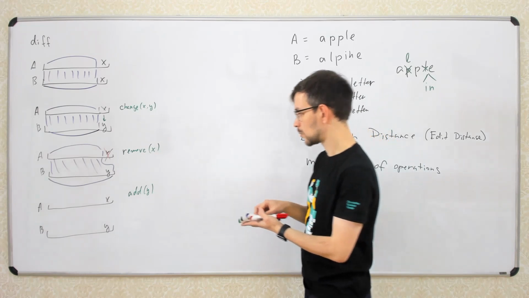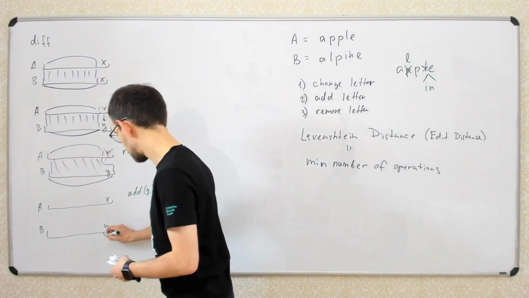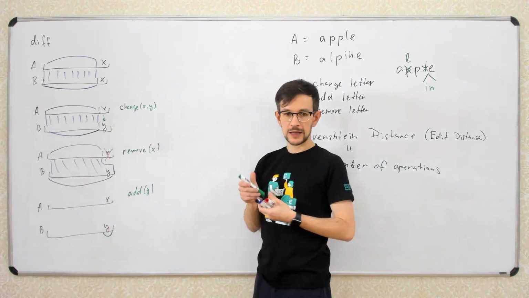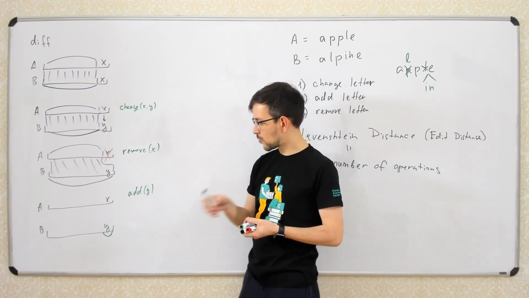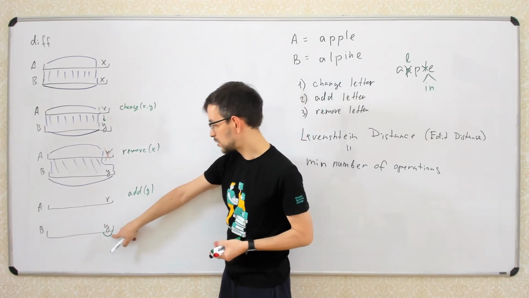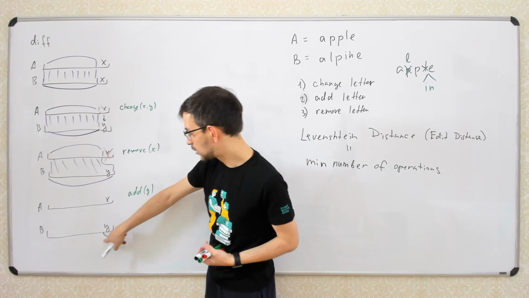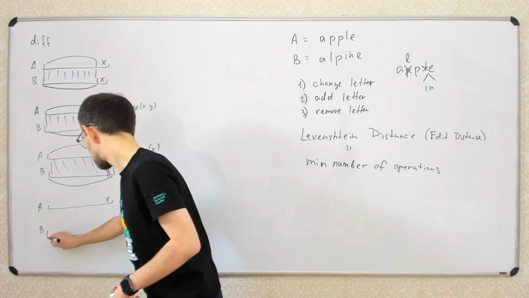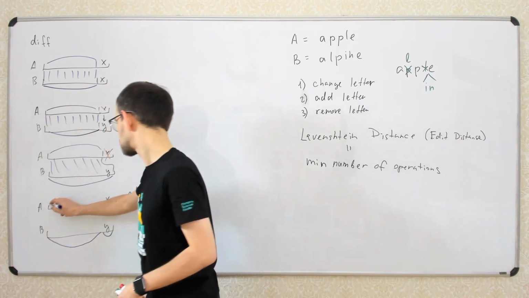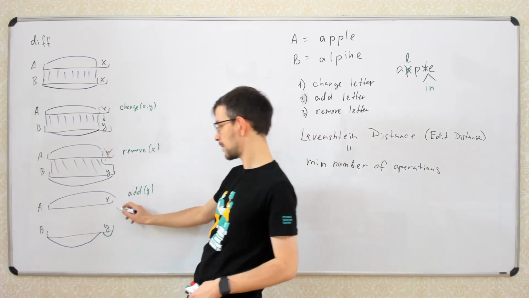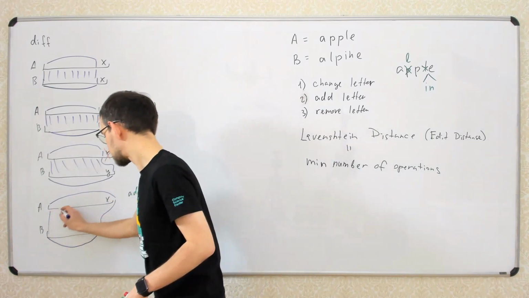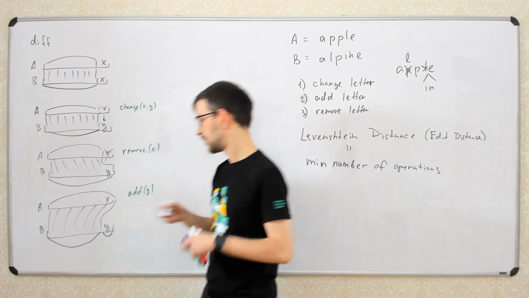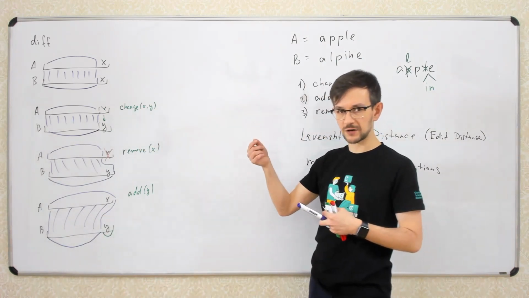Good. So if we insert this character Y, then what's left? After inserting this character Y, we need to produce this string from string A. So we have the whole string A, and we need somehow produce this string B without the last character.